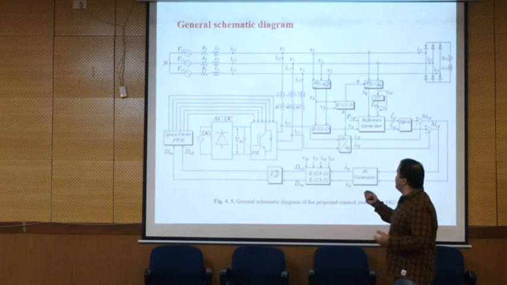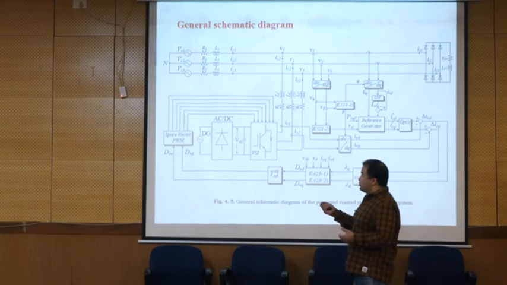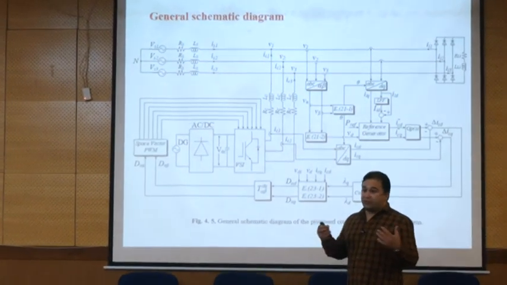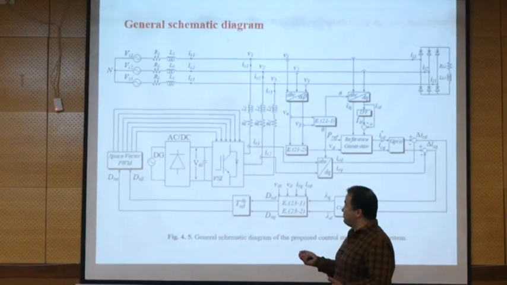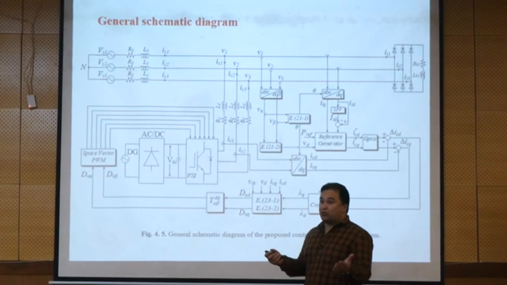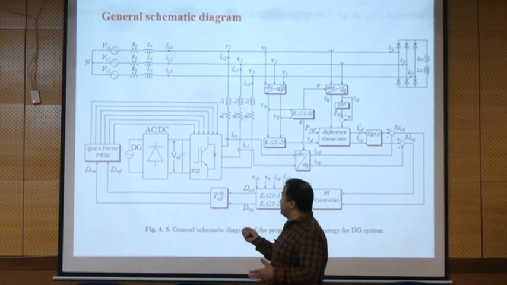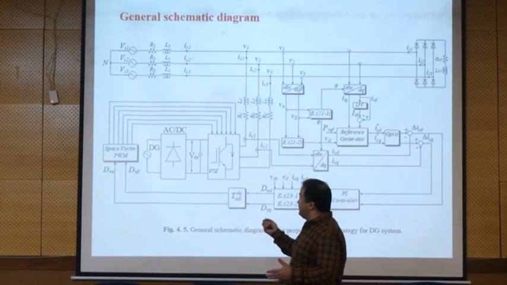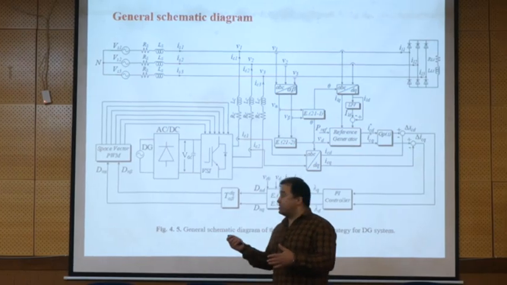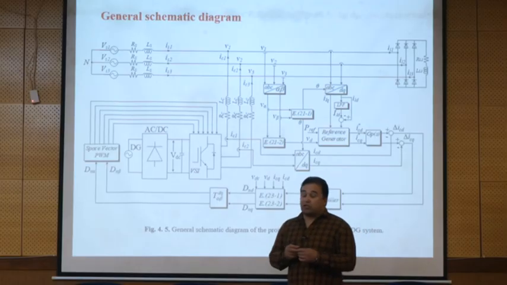For this case, we use a converter. This converter is supplied by a type of DG source, which can be wind, for example. Then we use the rectifier to change from AC to DC. We make the voltage regulation, and then we provide the DC-AC conversion system to provide power to the grid.